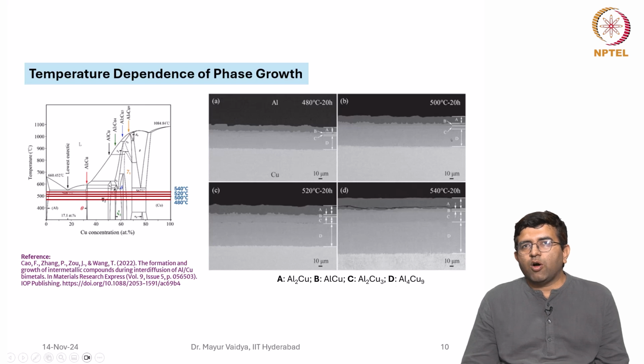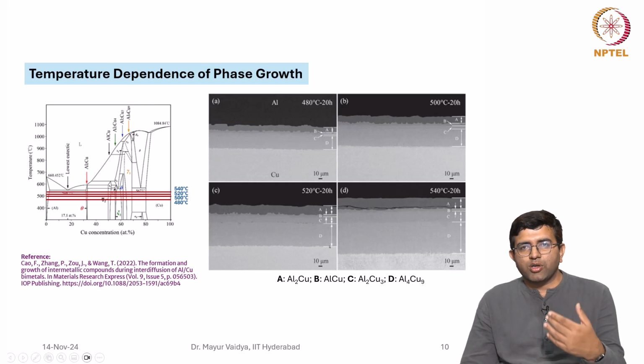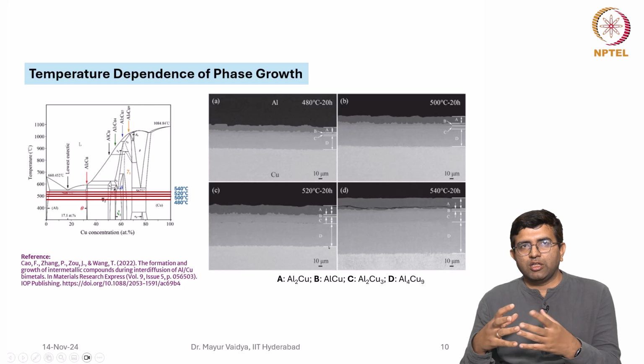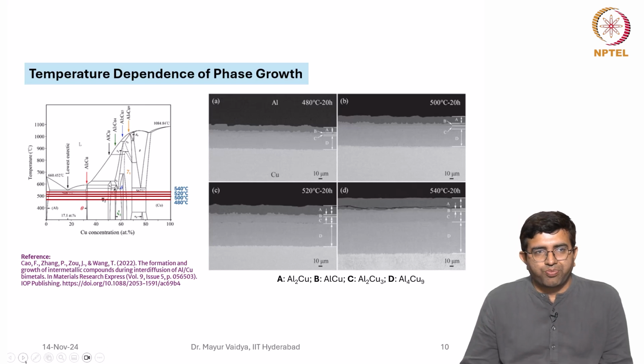The extent of each of these phases changes significantly as you change the temperature. So for example, if you notice the thickness of D, it is much less at 480, but becomes significantly high at 540 degrees centigrade. So like that, the temperature plays an important role in affecting the phase growth.